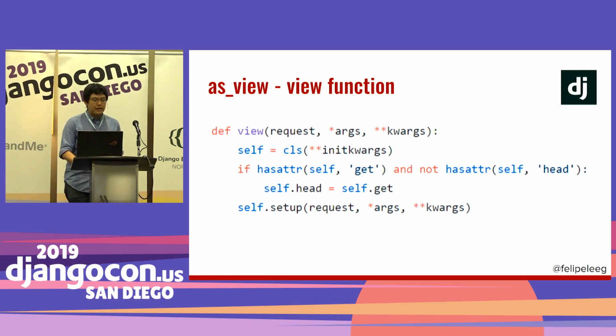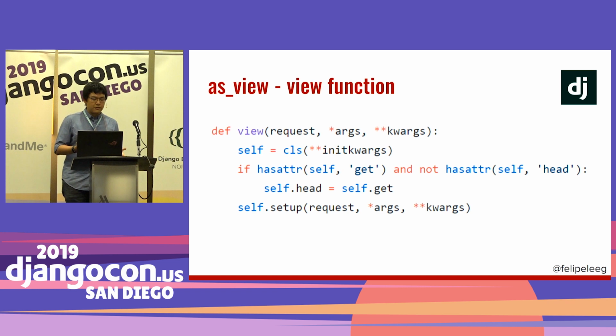And then after that, we get into the really interesting bits of as_view. Within its definition, as_view starts defining a new function called view, which may look familiar. It's just a function-based view. Basically, it takes a request, args and kwargs. The first thing this view does is instantiate our class with our init kwargs.